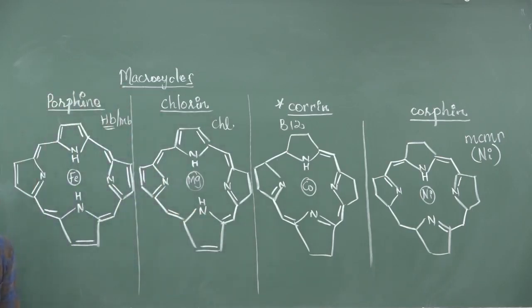So all these points you have to note down. You may also write down the number of double bonds: 11, 10, 6 and 5.